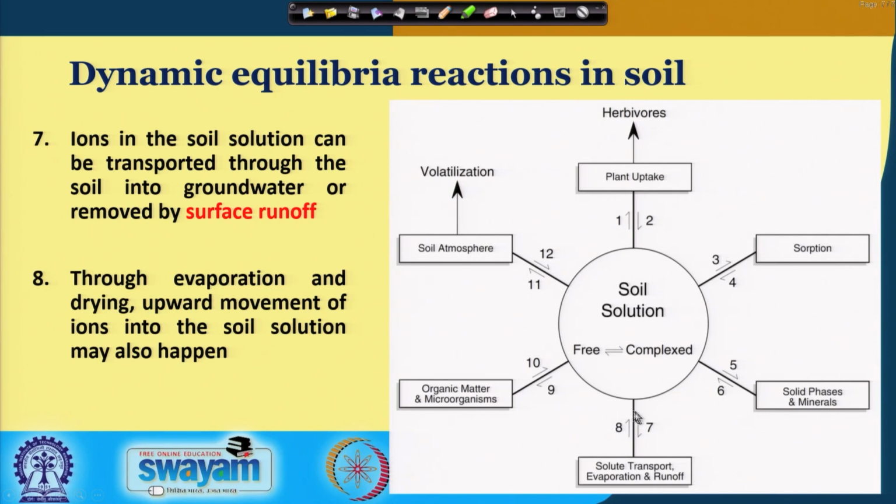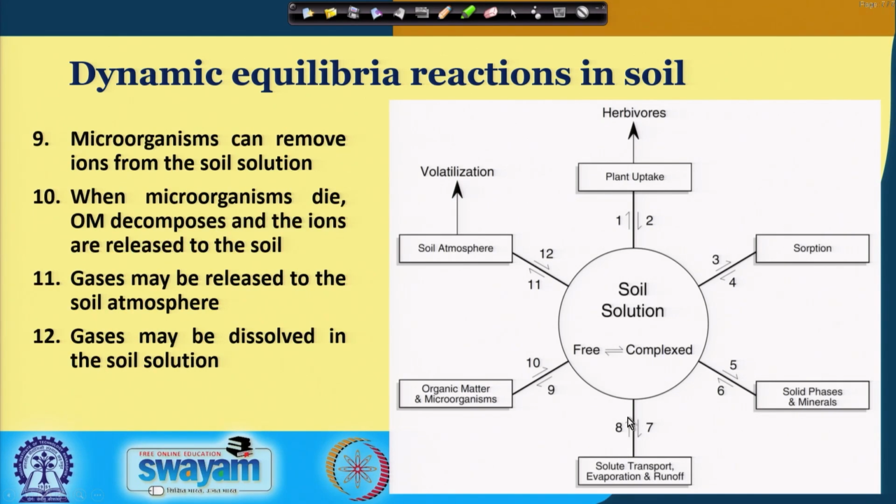Now, pathway 9 says that microorganisms can remove ions from the soil solution, because microorganisms are known for different chemical conversions of ions. So, they basically take up different ions and then convert them. When the microorganisms die, organic matter decomposes and ions are released into the soil in the form of mineralization.